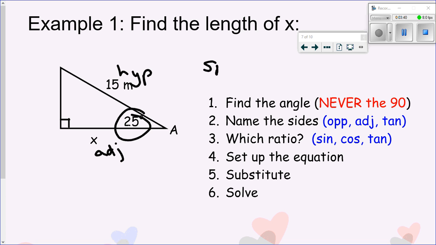So if we think SOHCAHTOA, which one of these three trig ratios has adjacent and hypotenuse?